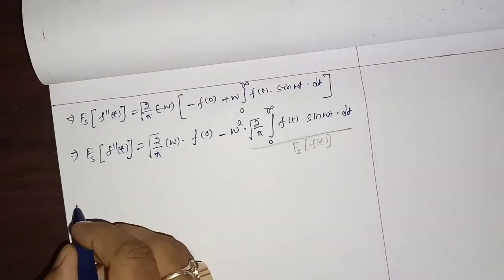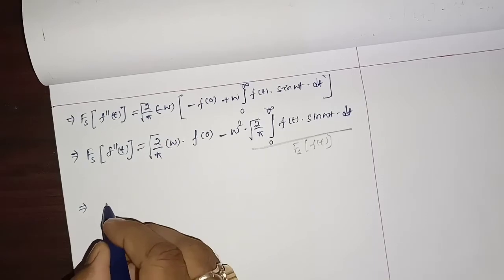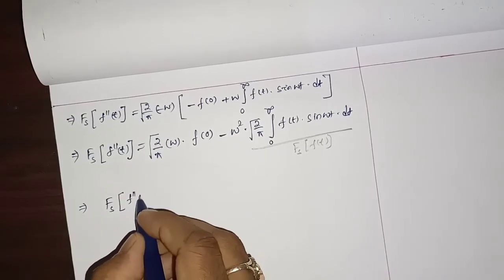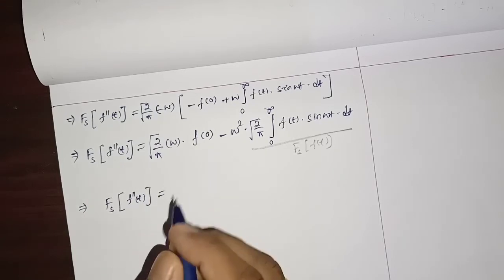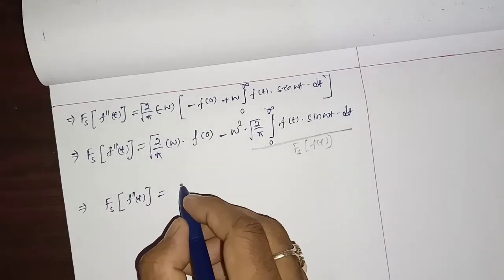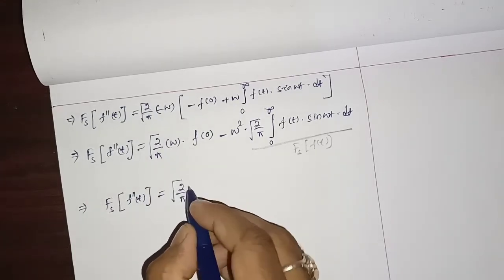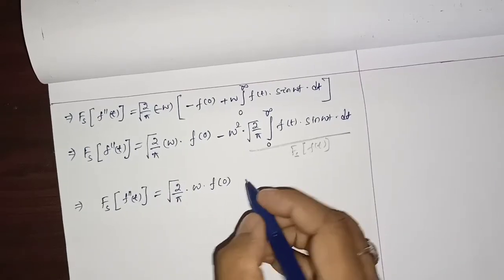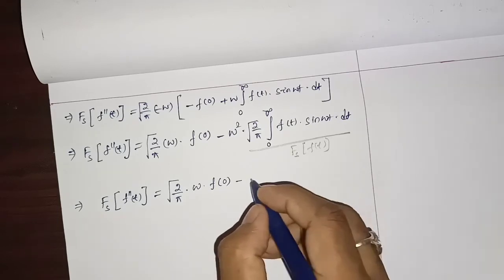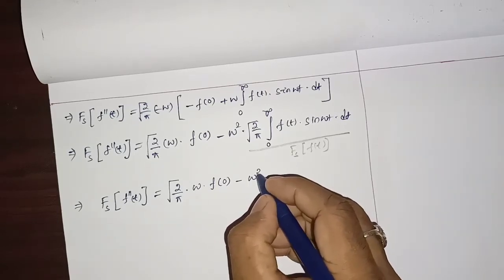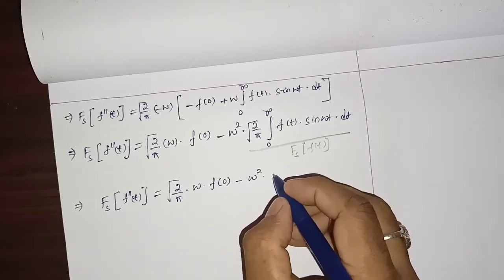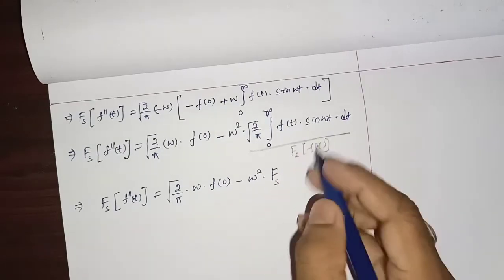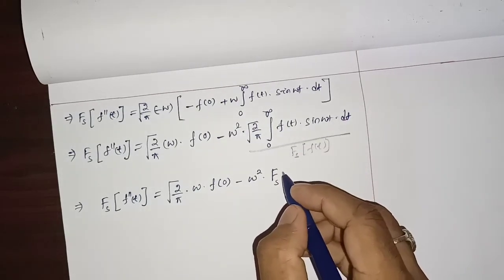So finally what we found, that implies the Fourier sine transform of the double derivative of a function will be equal to 2 by pi root over into omega into f of 0 minus omega square into the Fourier sine transform of this function f of t.